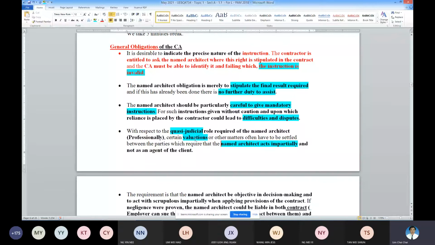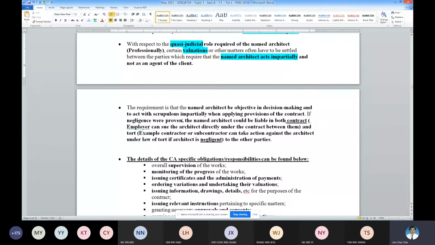Okay. Yep. Another one will be objective in interpreting the contract. Okay, impartial. If you don't, then the architect could be sued under negligence, under the law of tort, okay, or under the contract.